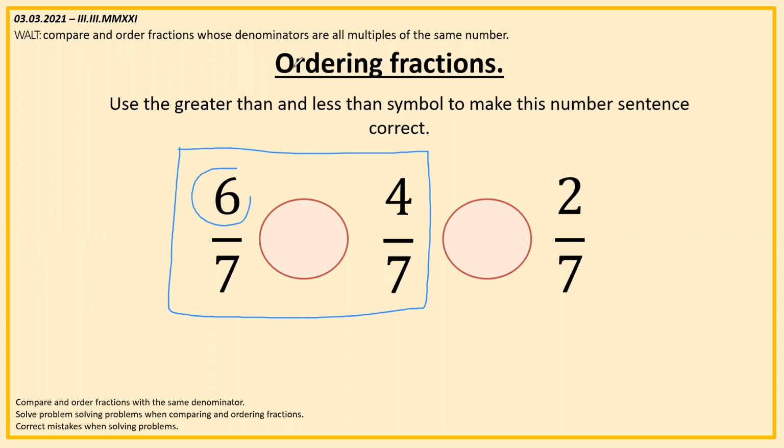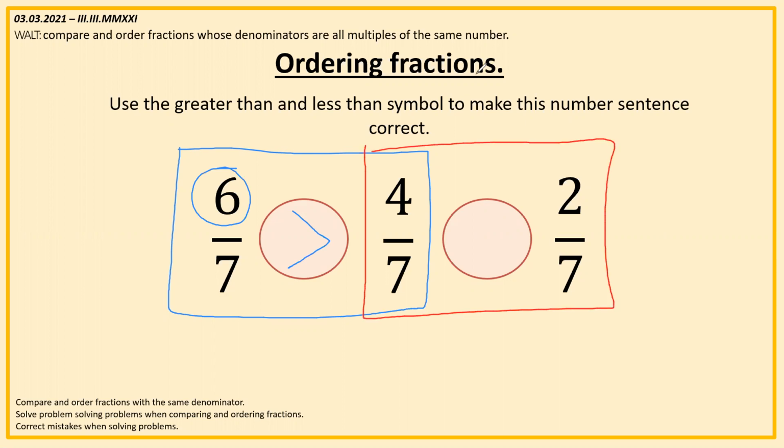We can see that 6 is the larger number, so we put our greater than symbol in. Moving over to the next two, we've got 4/7 and 2/7. Again, we look at our numerator because the denominators are the same, and I can see that 4 is the larger number. 4 is greater than 2, so I'm going to put the greater than symbol in here.